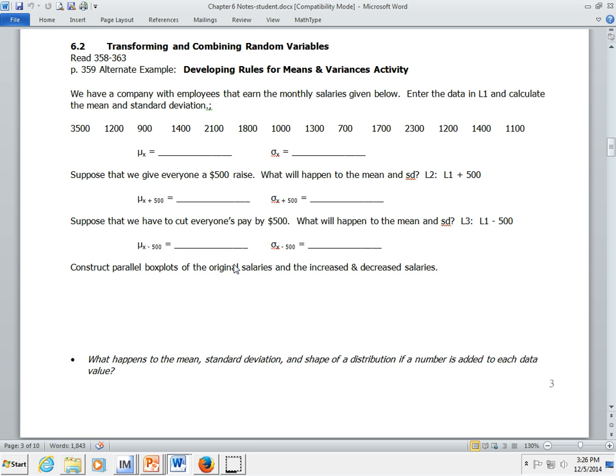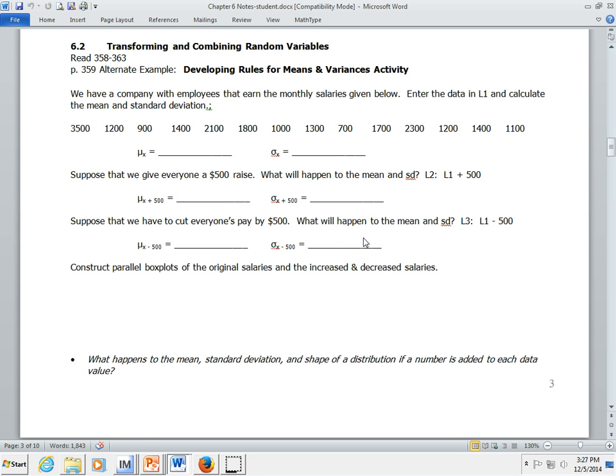We'll walk through what you should get for your new mean and standard deviation for this situation here, which is talking about the employees at a company and their monthly salaries. Here, I've got the mean and standard deviation for you. I'll write that down, and you can find the new mean and standard deviation based on a couple of different circumstances, and we can check to make sure that you still remember how to do that.